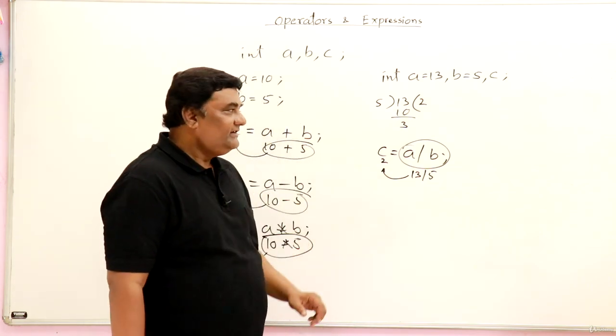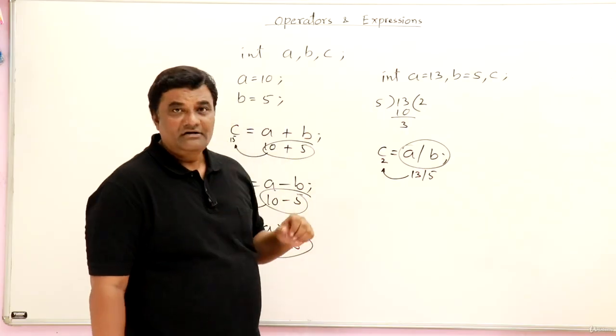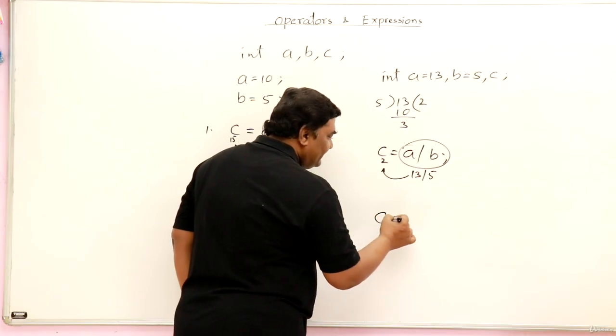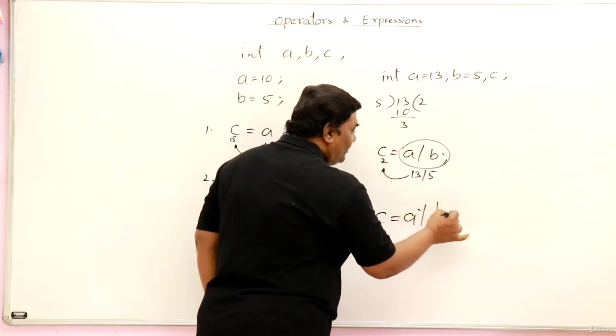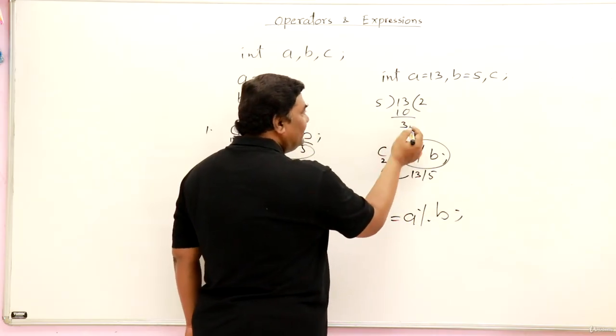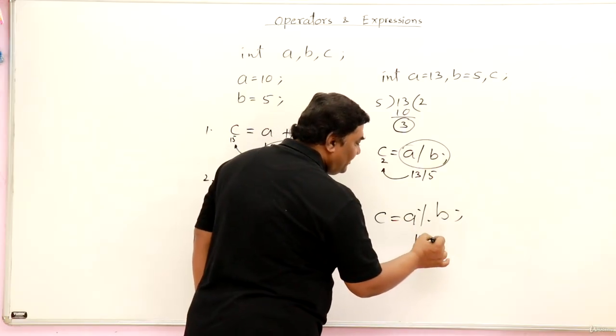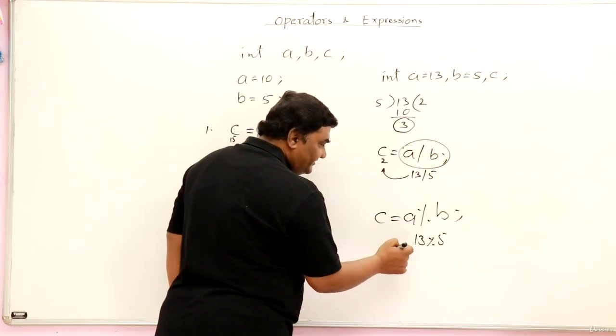Now next we will see how to use mod. Mod means what? See, here instead of this next statement I will write C assign A mod B. So what is mod? The remainder. What is that? 3. So when 13 is mod by 5, after division the remainder is 3.